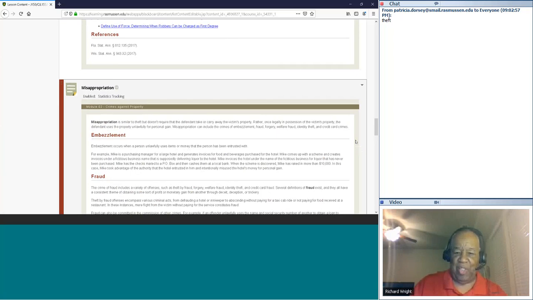Embezzlement, as we're going to talk about in a little bit, is where a person is entrusted with money or property and they convert it to their own use, those kinds of things. But it says here that in misappropriation, someone who was once legally in possession of the property converts it unlawfully to personal gain, and it can include embezzlement, fraud, forgery, welfare fraud, identity theft, and credit card crimes.